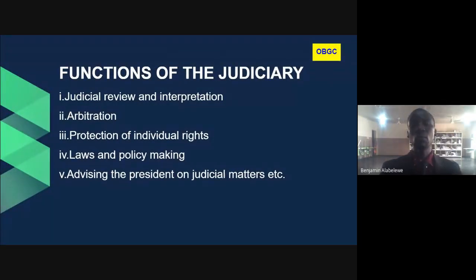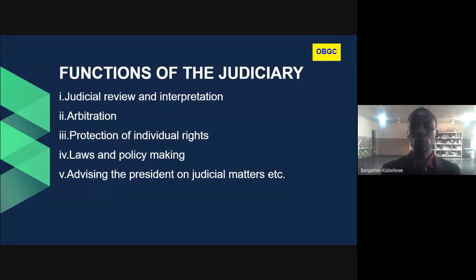So far, so good. This is how far we can go with the structures and the functions of the government of Nigeria. For emphasis, the structures of governance in Nigeria will be viewed from three different branches, institutions, or organs. That is the legislature, the executive, and the judiciary. The primary function of the legislature is to make the law.